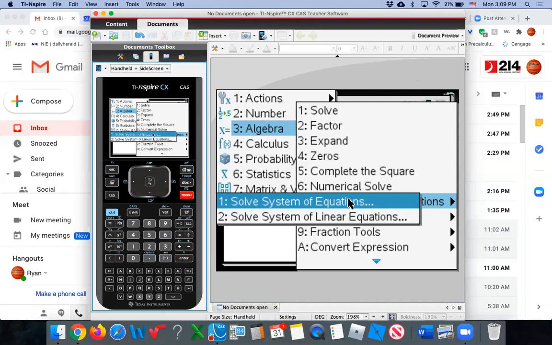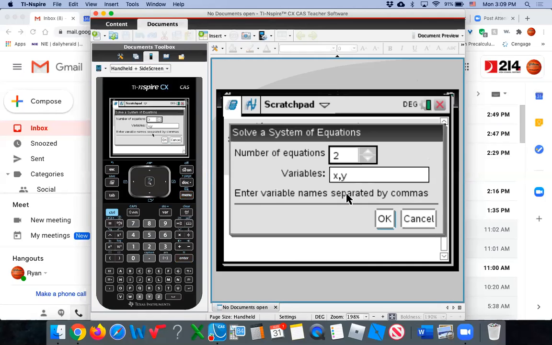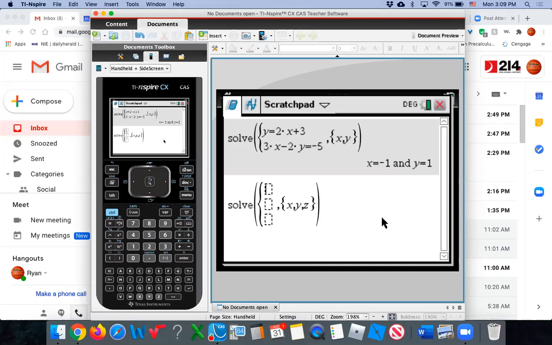And then the top one would be if you're going to do a 3x3 or a 4x4 or whatever. Okay, so I could click there and I could make it 3 equations and it will do x, y, and z. And I can solve there. Got it. Okay. Cool. All right, anything else, guys?